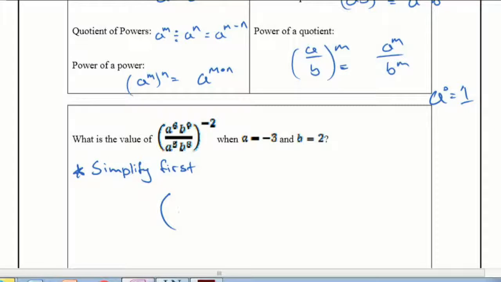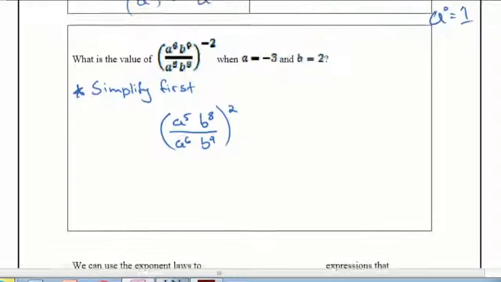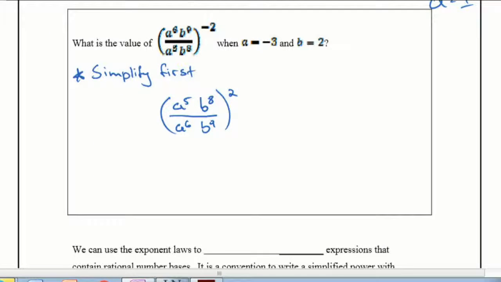So I have a to the 5 on the top, and b to the 8, and then a to the 6, b to the 9, all to the power of positive 2. So that got rid of my negative exponent.